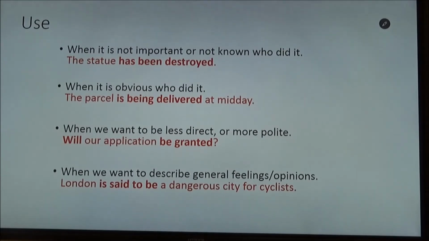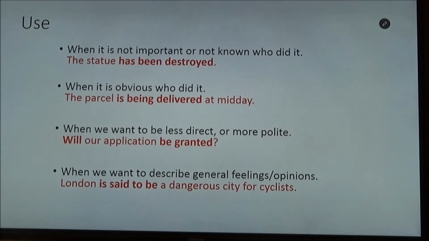Sometimes it's obvious who did something, who the subject is. We don't say the postman will deliver your parcel at 12 o'clock. No. We say the parcel is being delivered, obviously by the postman. Passives are also less direct, so more polite. Will our application be granted?